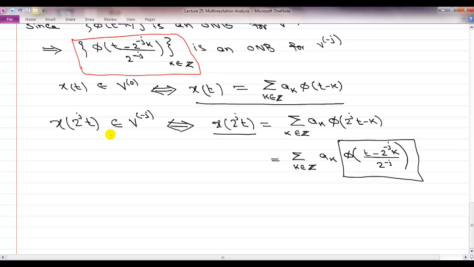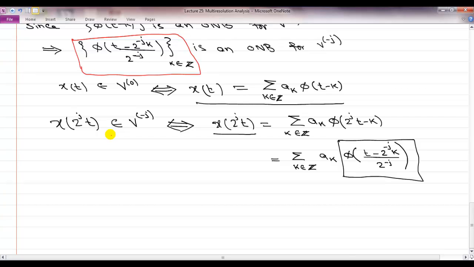Okay, so we'll take that for granted too, that if we are given phi of t, some function which forms an orthonormal basis for V0, then we know all the bases for other subspaces.